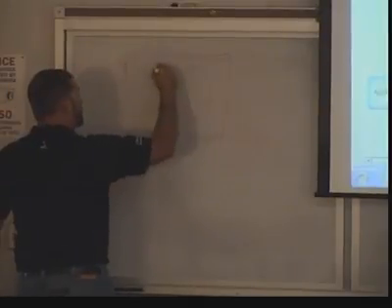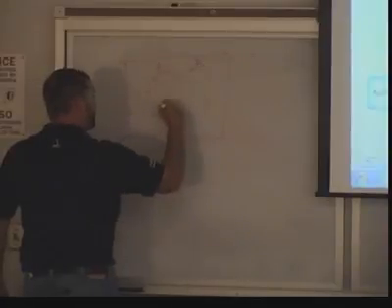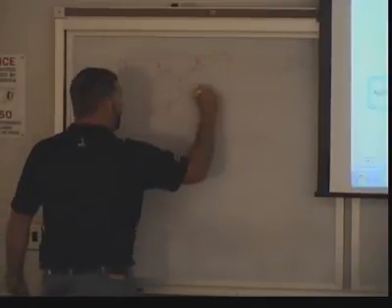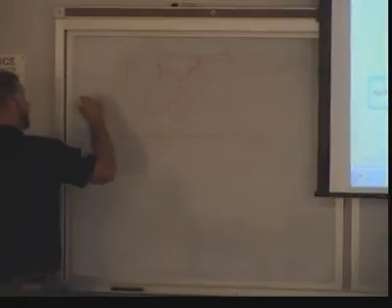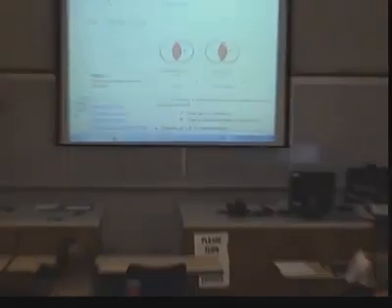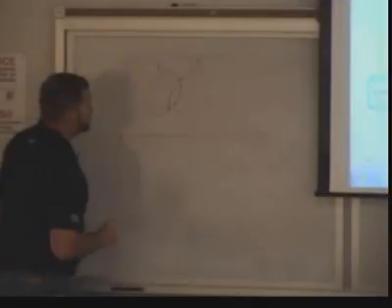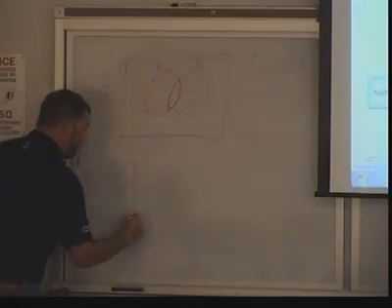Here's a sample event A, and here's an event B. So A union B includes everything. The shaded area is A union B. So it's either in A or in B, or there is this little piece right here that's in both. Does everybody see that? A intersect B is only that little piece that's in both.